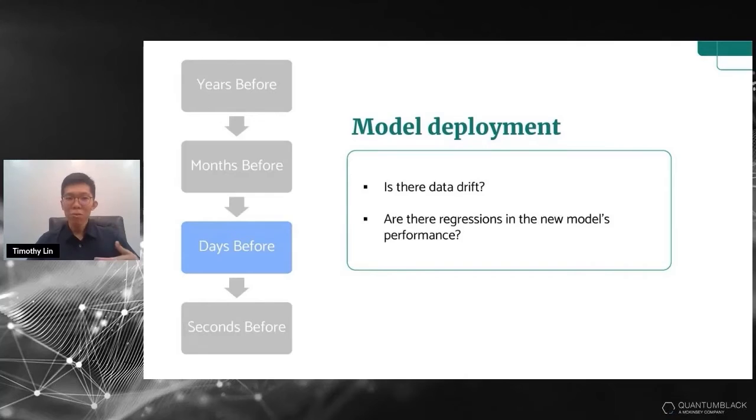But if we are going to update the model frequently, and something as important as a key lending model, are we sure that the new model that we're putting in production has consistent performance as something that we have deployed in the past, and whether we can be confident that we are not falling into any pitfalls and that the new model continues to perform as we intended for it to?